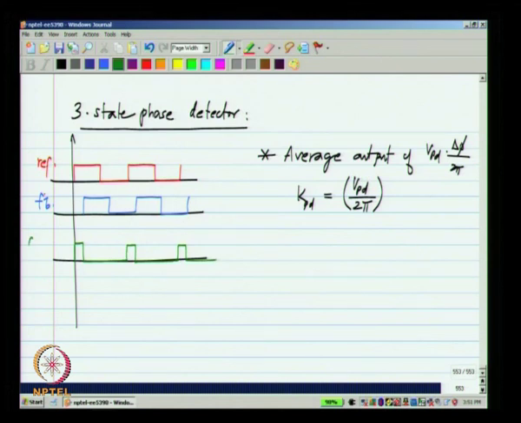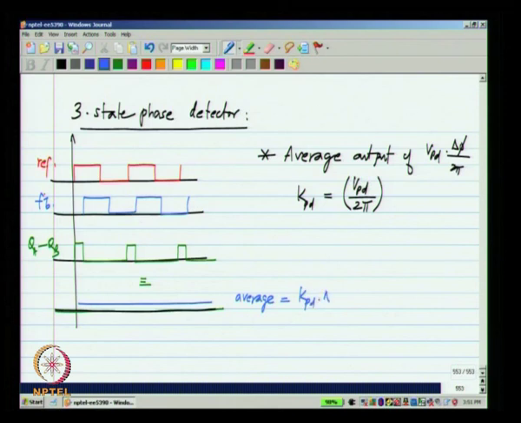Here by the output I mean Q A minus Q B, and this can be written as the sum of its average value, which is equal to KPD times delta phi or VPD by 2 pi times delta phi, plus a time varying part with a 0 average which looks like that.